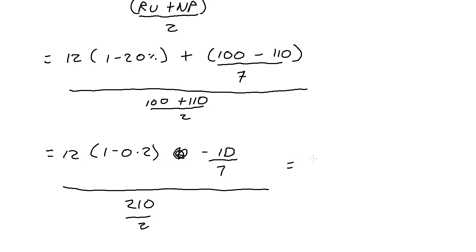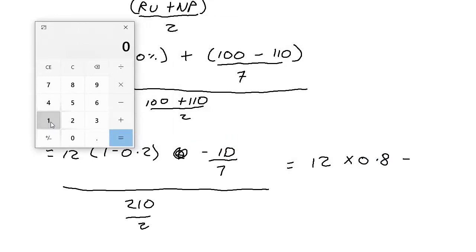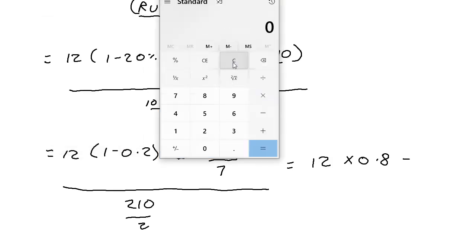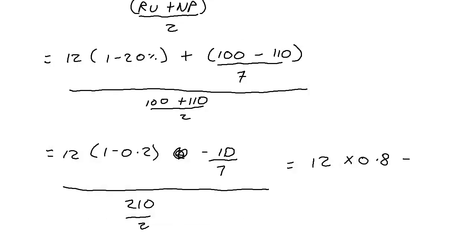Proceeding further, 12 into 0.8 minus 10 upon 7. 10 upon 7 gives me 1.4286.